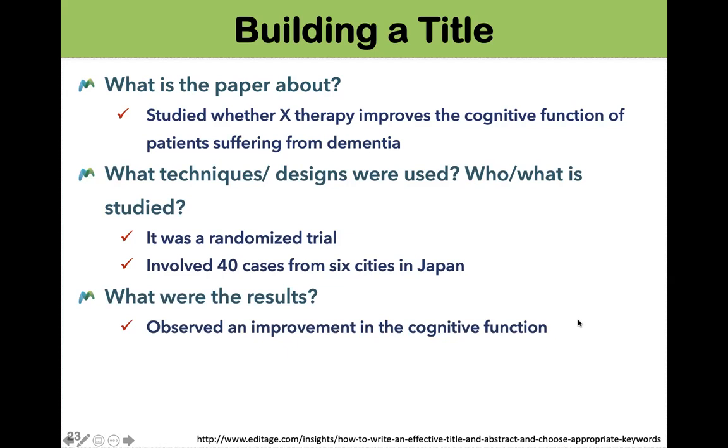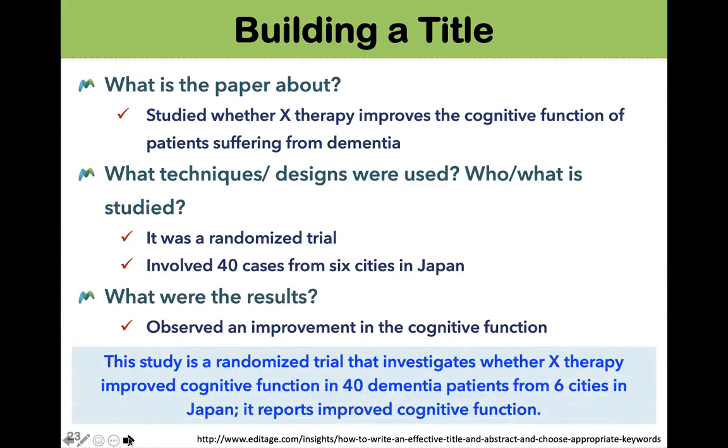These are the three critical questions you must answer when you're writing a paper. What is the paper about? What techniques and designs were used, and who and what was studied, like what data set you used? And what were the results? Now let's build our title.